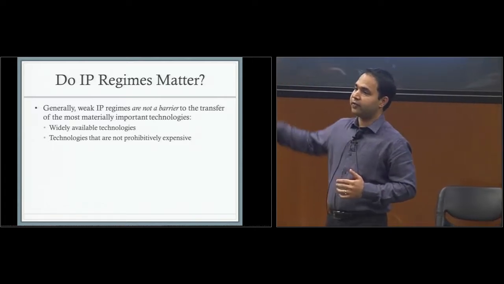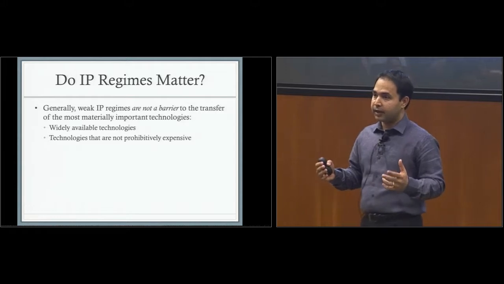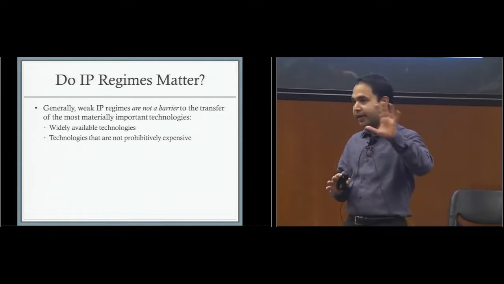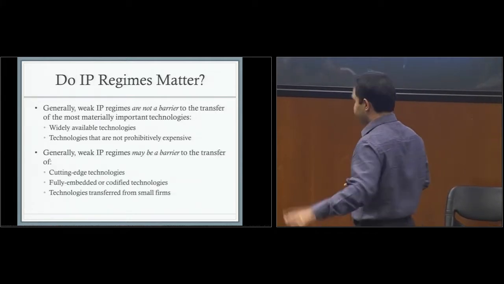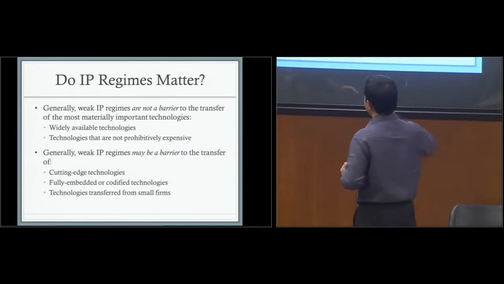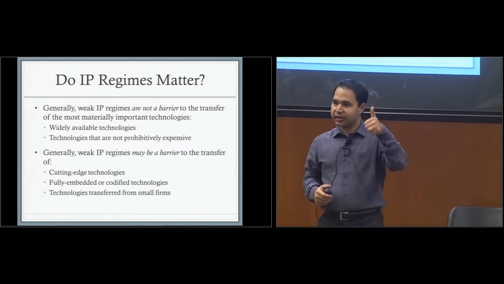There is a next wave of innovation that needs to happen, that is happening, that is expensive, and will happen. That's obviously not covered here, and there are factors and drivers that will impact how that moves. But anyway, that's one of our major findings. We also did find that IP is a barrier under certain conditions. IP is a barrier for cutting-edge technologies.